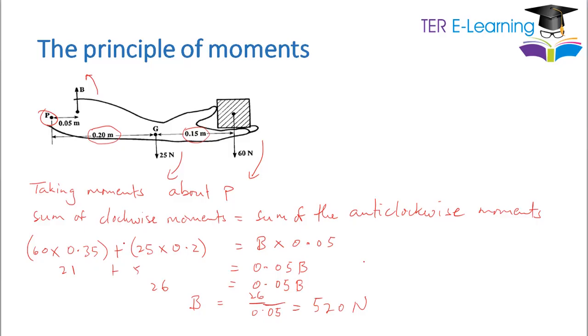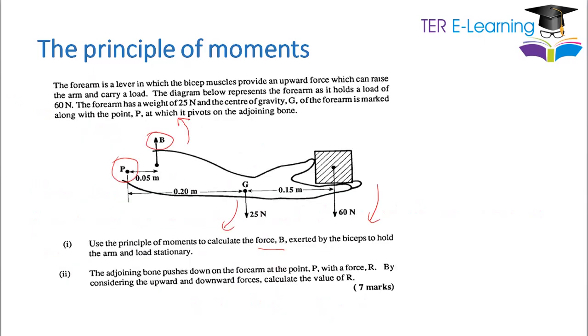Just double check, make sure that answer is correct. Please get into the habit of double checking your answers as well in the exam. So that's 26 divided by 0.05. Okay, so 520 newtons, right? So that's the first part.